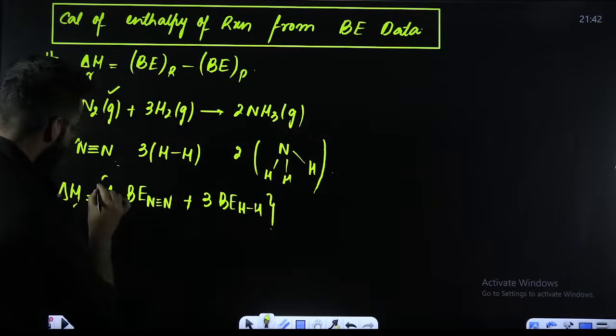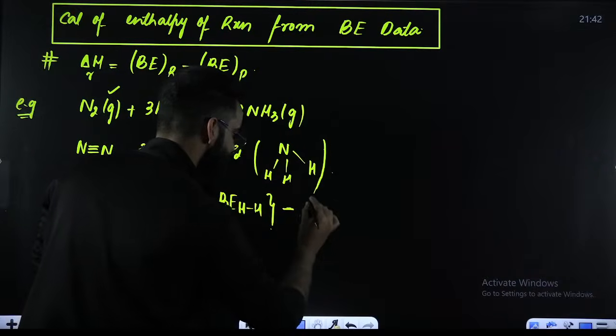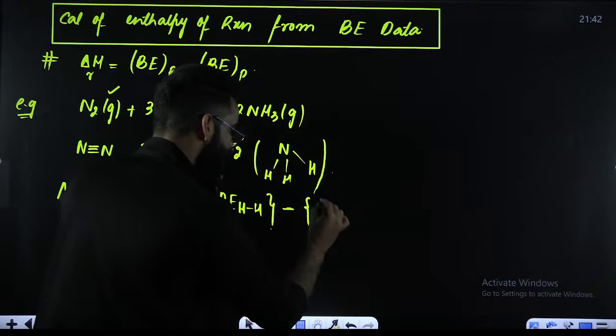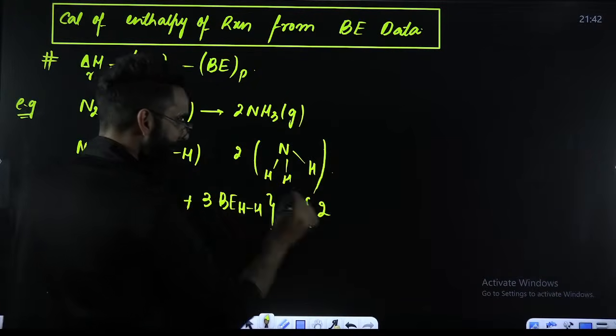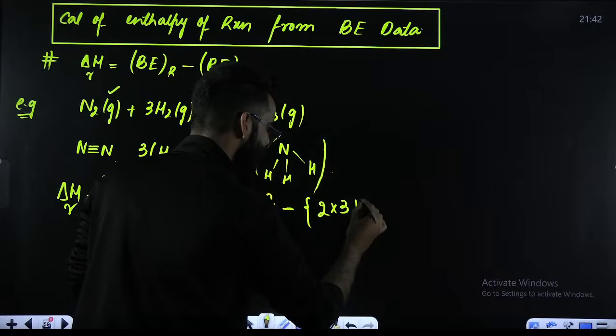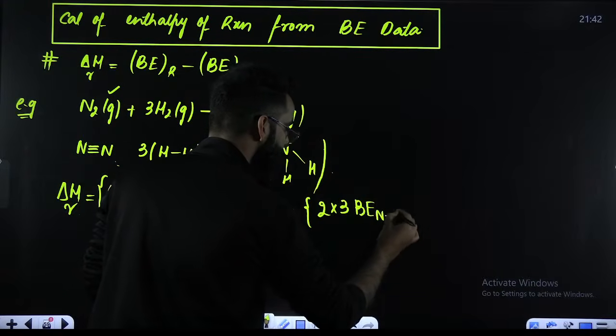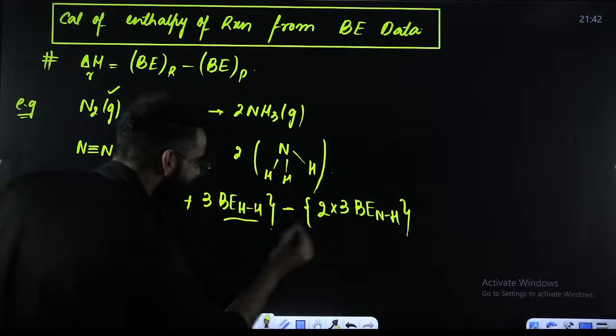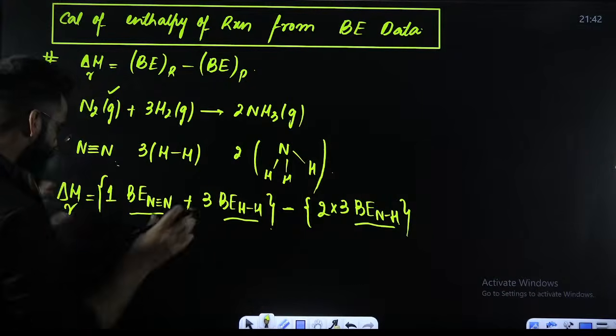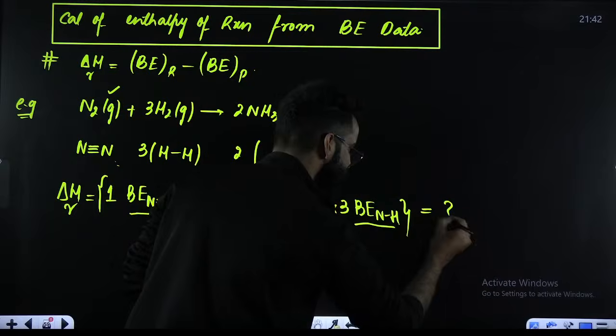Minus the bond energy of products. First I'll write 2. How many N-H bonds do I need to break? 3, right? So 3 times the energy needed to break the N-H bond. In the question, this data will be given. When you put it here, you'll be getting the enthalpy of this particular reaction.